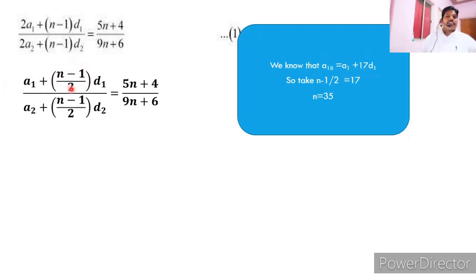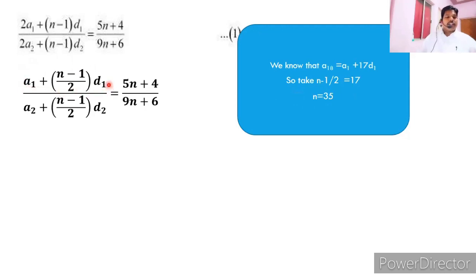When it will become 17, take that value: n minus 1 by 2 is equal to 17. Cross multiply, 34, take the minus 1 to this side, it becomes 35. So if you take n is equal to 35, automatically this term will become a1 plus 17 into d1.